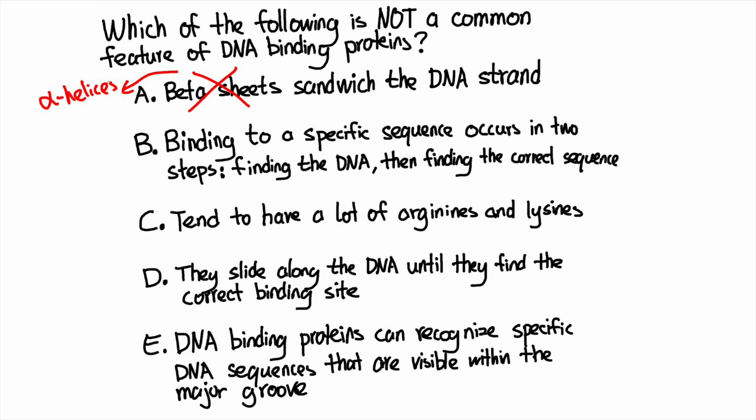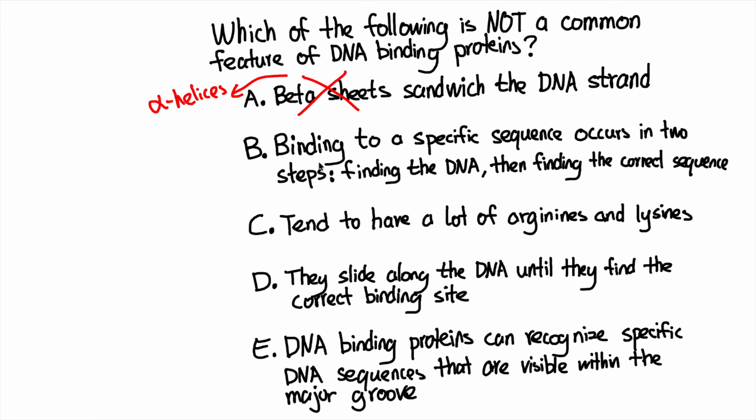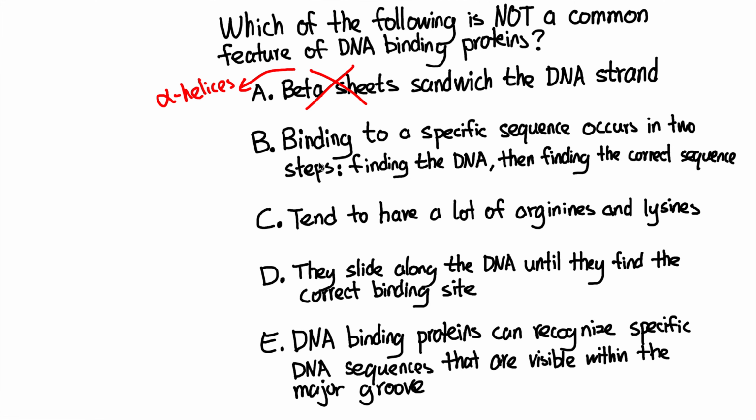And that's because the alpha helix fits the major groove pretty well. Specifically, I'm referring to the major groove of B form DNA.